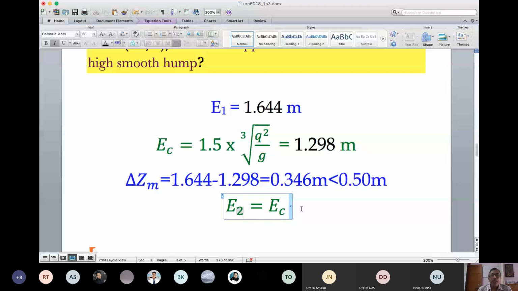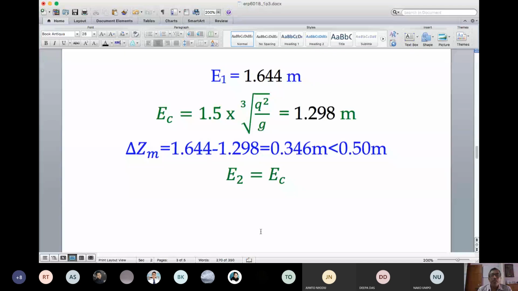And what about E1 dash? E1 dash will now become Ec plus delta Z, isn't it?